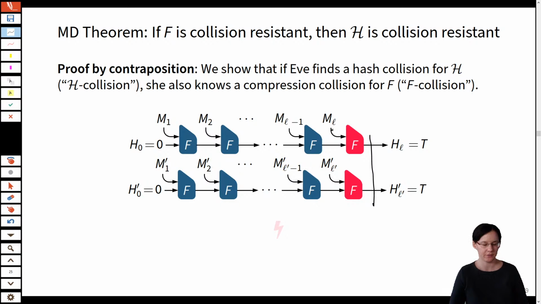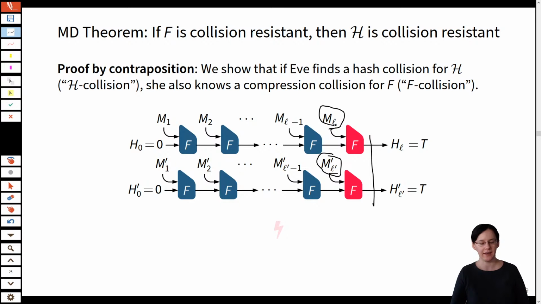So one had a length of L and the other one had a length of L prime. Now, if the two lengths were different, remember that this construction actually writes down the length of the message in the last block. So this means if the length of the two messages was different, then the last block must also have been different because the length is written down inside the last block.